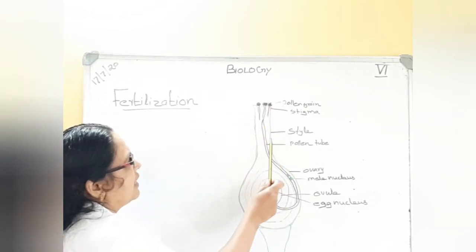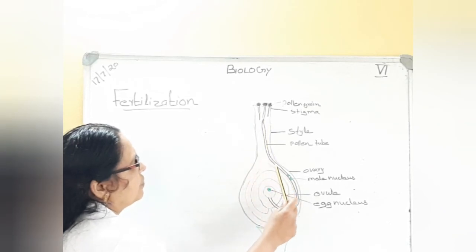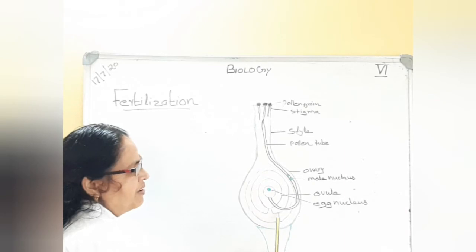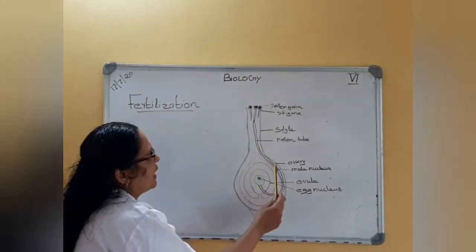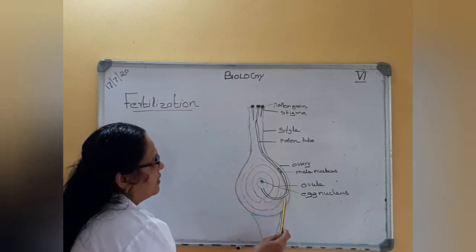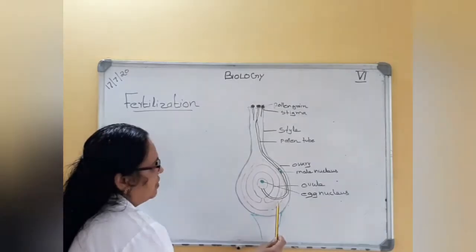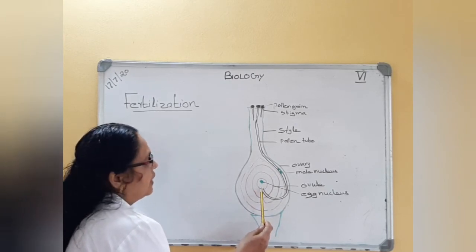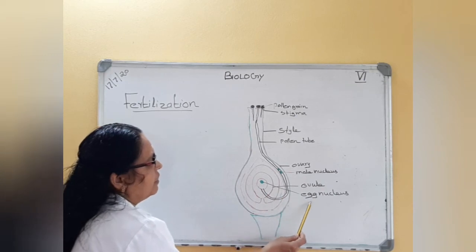Through the style, it grows downward and enters into the ovary. This pollen tube contains a male nucleus, and then it enters into the ovule of the flower. That ovule in the ovary contains an egg nucleus.